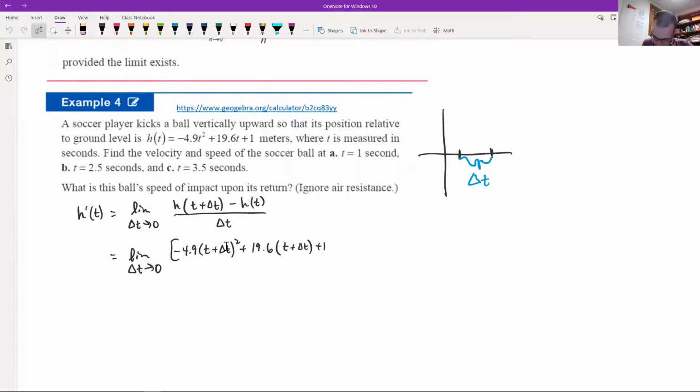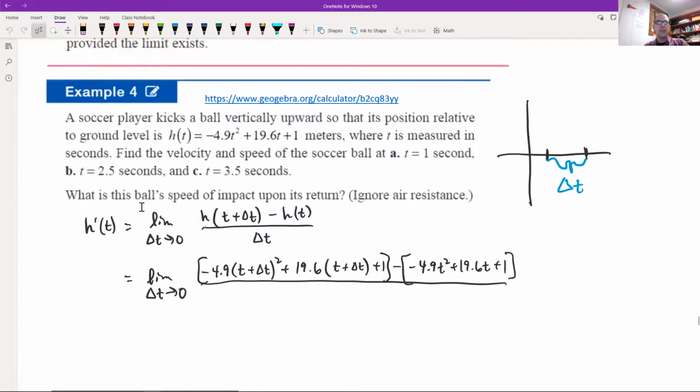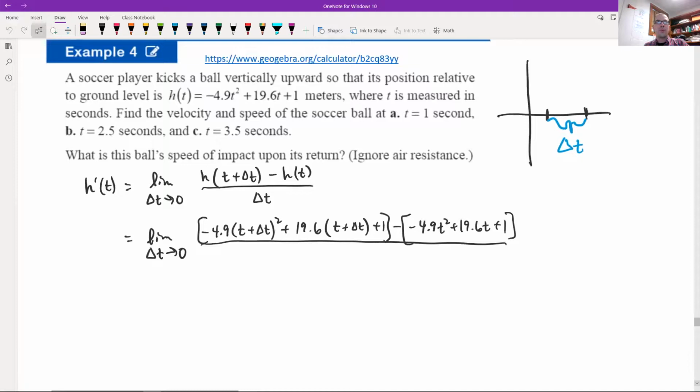That's the first thing. Then we're subtracting off just h of t. Goodness. Okay, you guys can still see all that. Maybe I'm going to zoom in a little bit so that's easier to read, and let's scoot down so we have plenty of room to write. It's not going to be plenty. All right, that's the top. And then we've got delta t on the bottom.